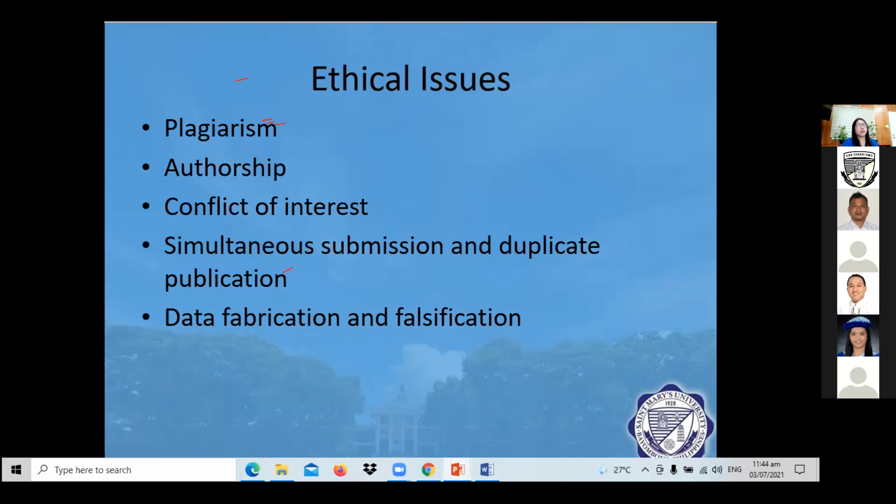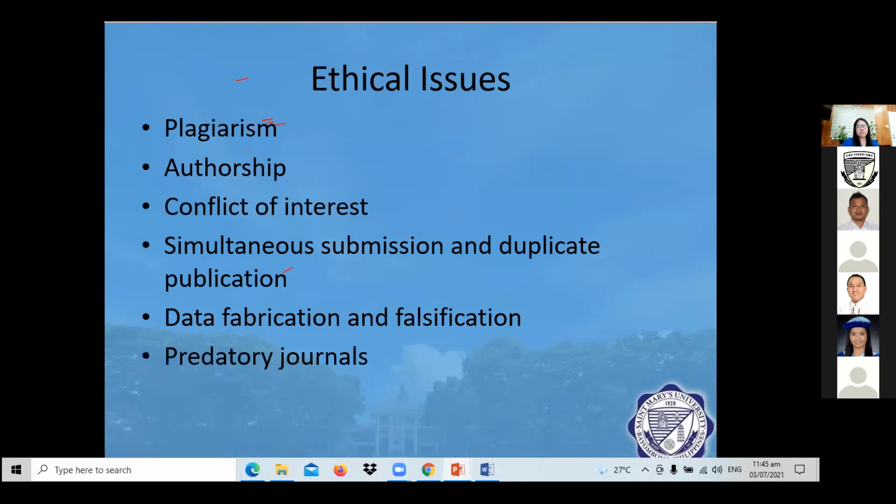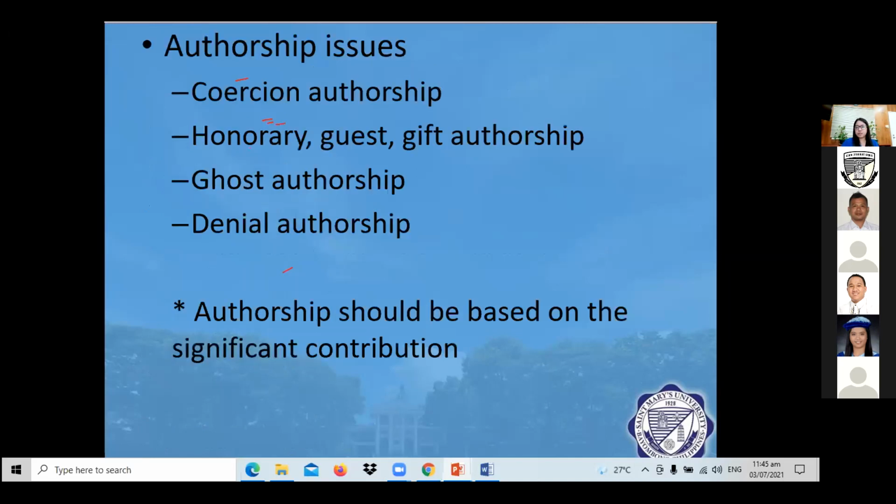For instance, if it's level of knowledge, they wanted to prove that the level of knowledge is not that high, that's why they have to come up with an intervention, when in fact there's no need to do that, because you are already doing data fabrication. And predatory journals.